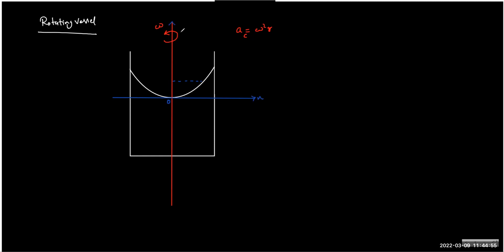And the axis of rotation we take as the y-axis, which could be at the center, or here also. So I'm taking a symmetrical case. So the axis of rotation is also the axis of symmetry. But that is not always going to be the case. It depends on the case.